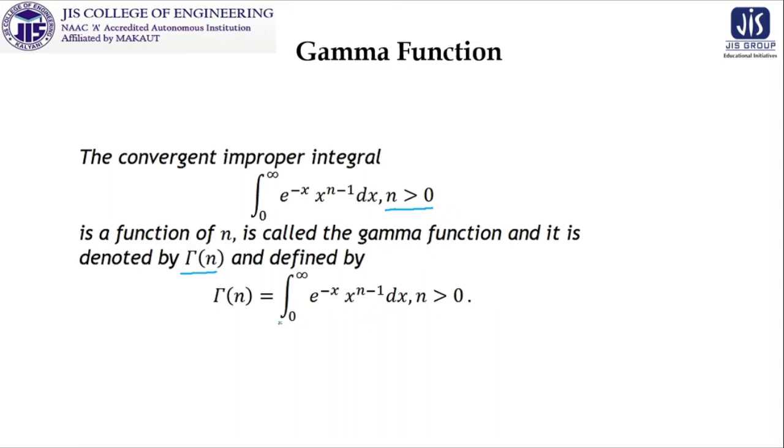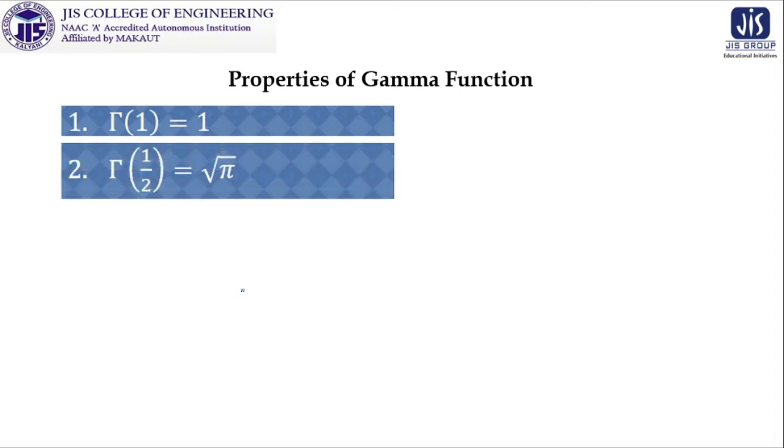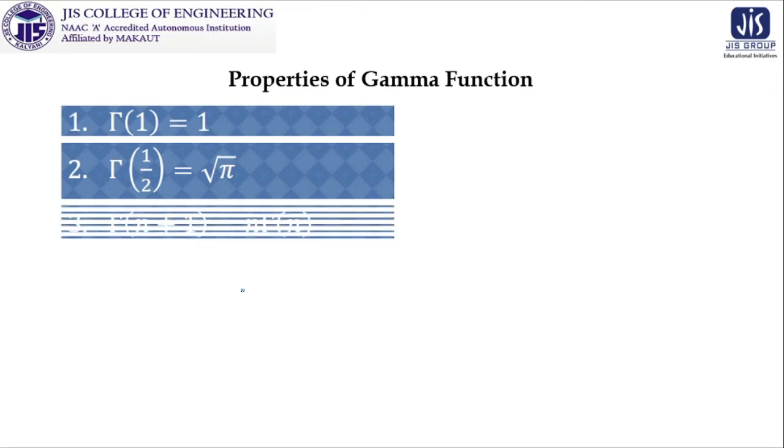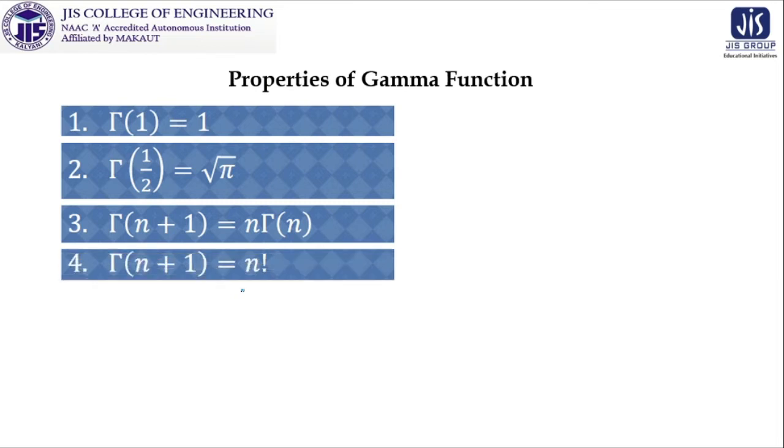Proceeding with this definition, we get the properties: gamma 1 is equal to 1, gamma half is equal to root pi, and gamma n plus 1 is n gamma n. All these were discussed in the last class. These properties are also proved, and we get gamma n plus 1 is equal to n factorial, where n is a positive integer.